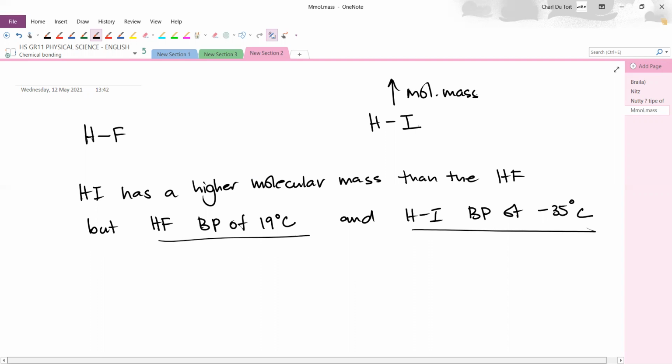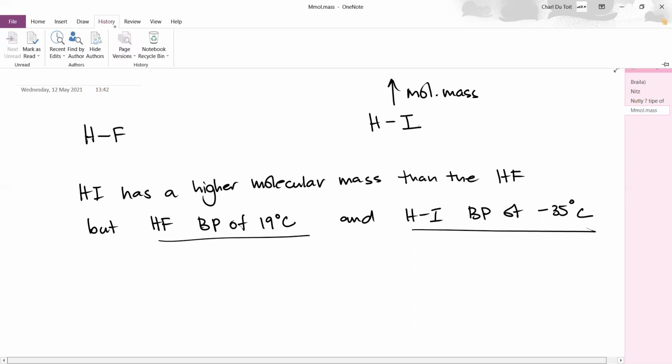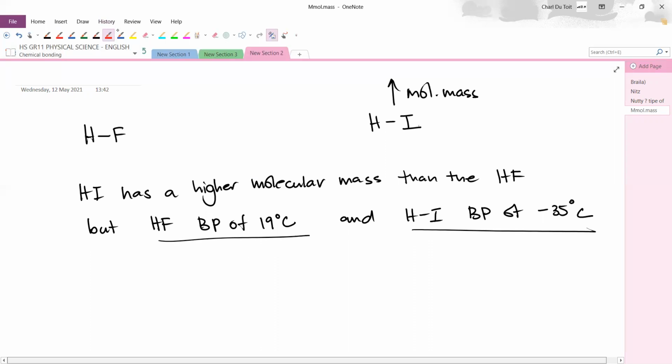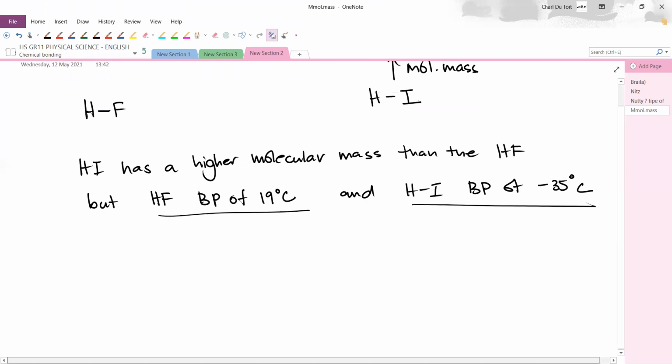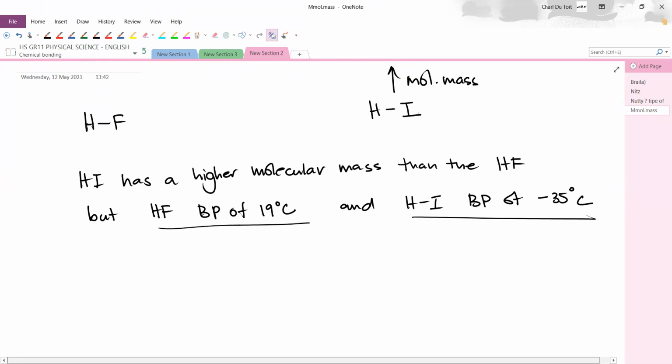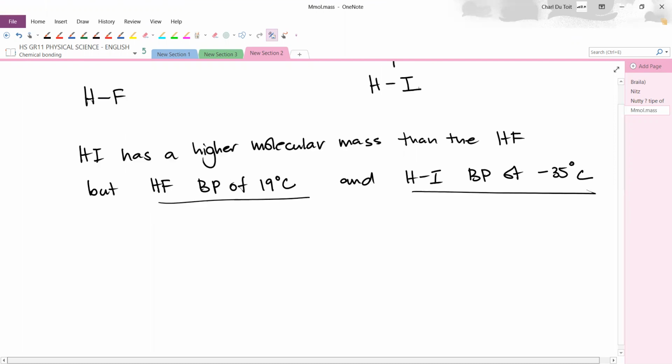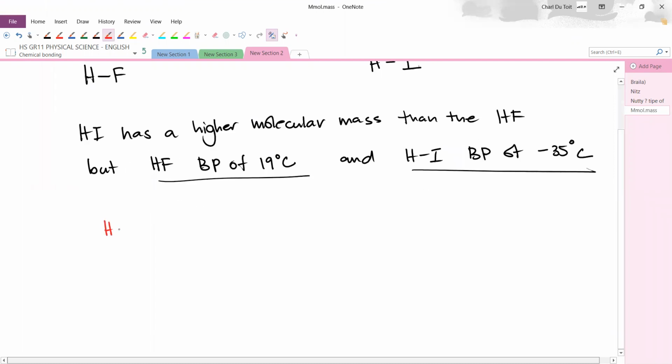So yes, I think it's because the difference in electronegativity is very low. The difference in electronegativity doesn't affect the physical properties. Remember, when it comes to physical properties like boiling point, vapor pressure, and viscosity, we are thinking about the intermolecular force.